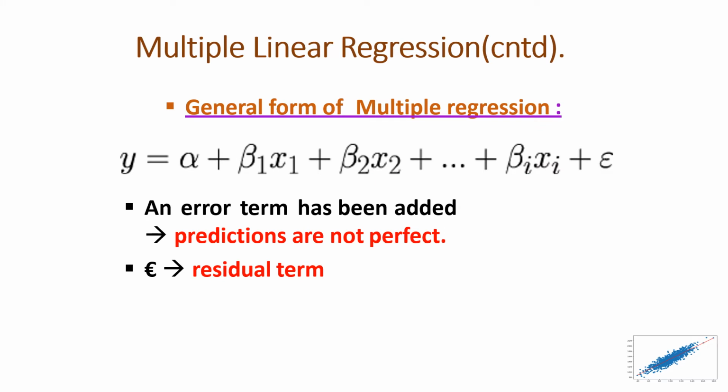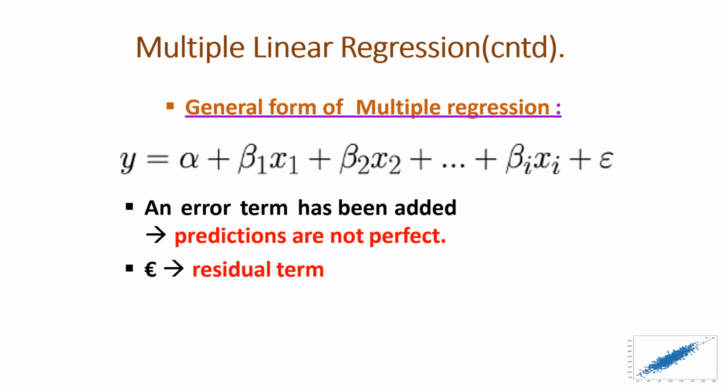The general format of a multiple linear regression equation is y equals alpha plus beta 1 x1 plus beta 2 x2 plus etc. beta i xi plus epsilon. Here alpha is the intercept term, which is similar to beta 0 in simple linear regression.